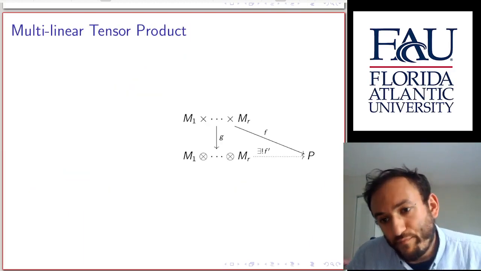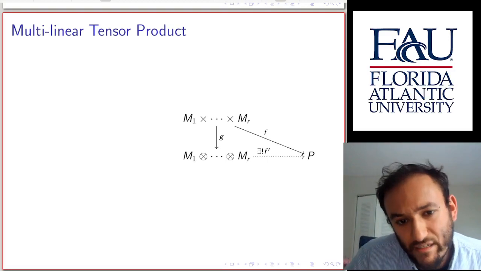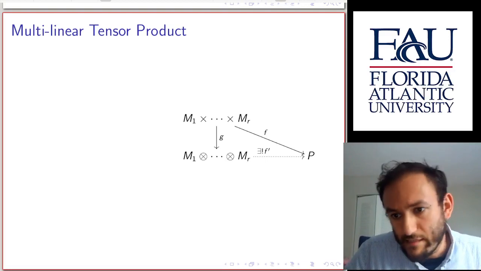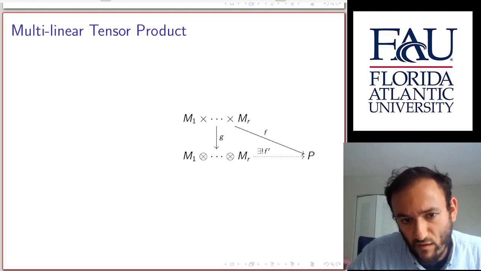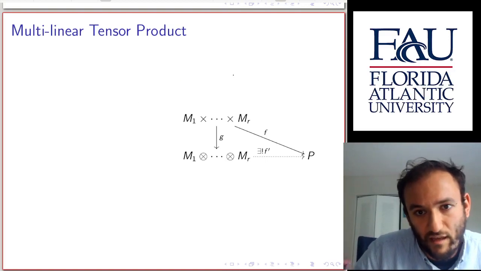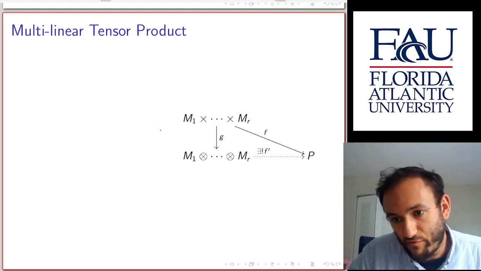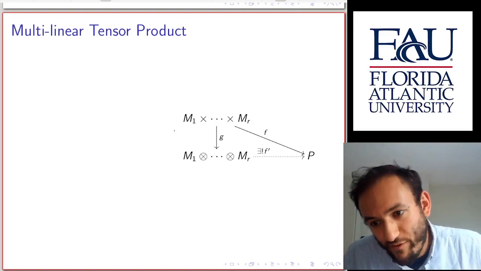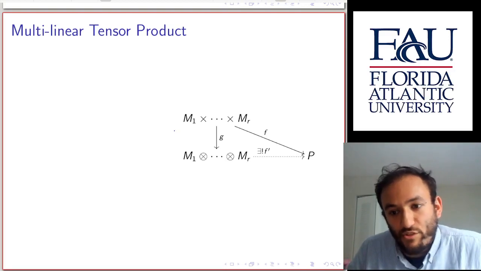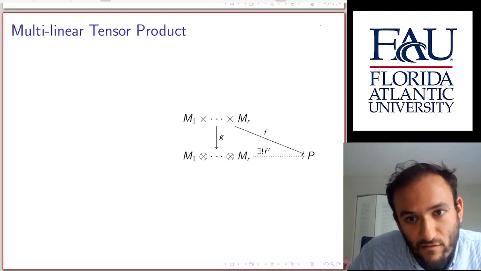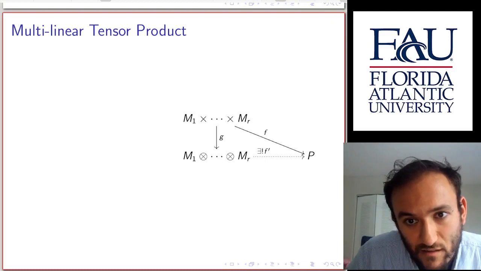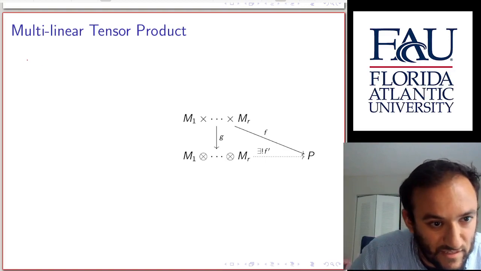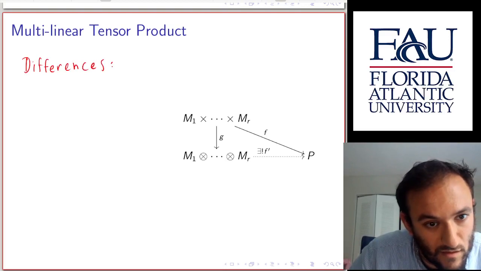Okay, so the fact that we're using two factors here is convenient, but it's not forced in any way. You could do it just the same way with multiple factors. When you're proving the existence of this module, you'll just need to quotient out by more relations. So let's describe the differences. First of all, it needs to be linear in each factor.